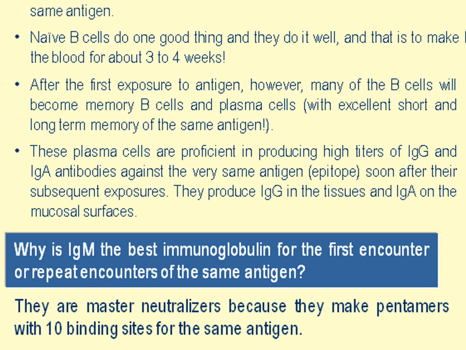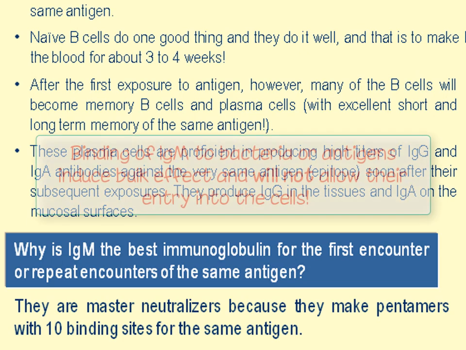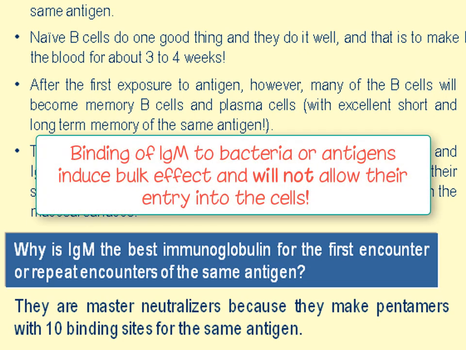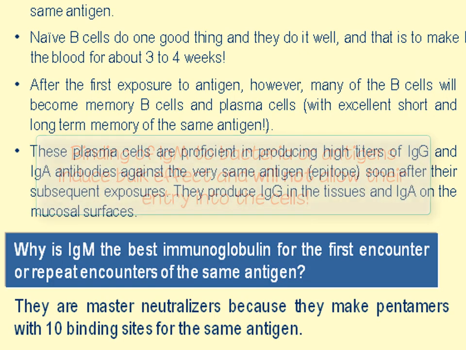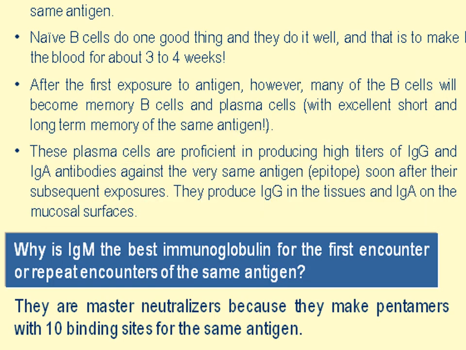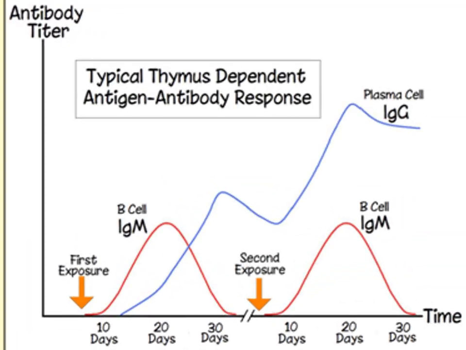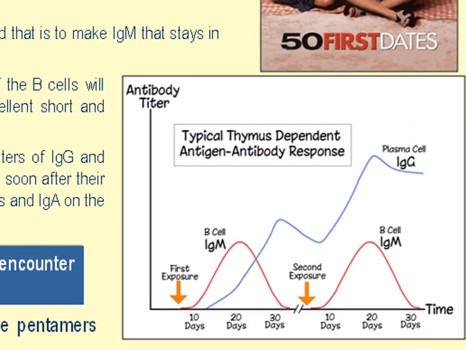So they identify the antigen first in the blood, neutralize it in the blood, and will not allow it to enter into the cells of your body from the blood or in the tissues for the same reason. To summarize, as you see in the diagram, each subsequent exposure to the same epitopes, the IgG titer progressively rises.